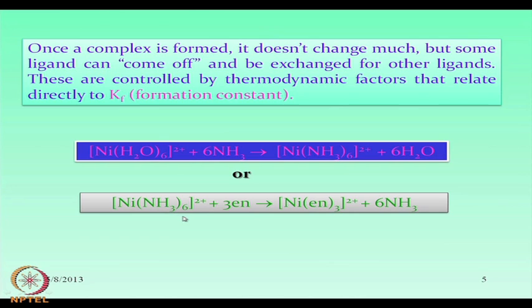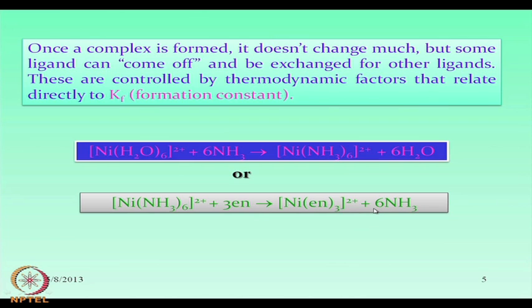That means all the 6 NH3 molecules are being replaced by these bidentate ethylene diamine molecules, such that the binding strength of these bidentate chelating ligands, ethylene diamines, is more compared to the binding of the ammonia molecules to the nickel center. As a result, we get tris ethylene diamine nickel 2 ion with the removal of 6 ammonia molecules.